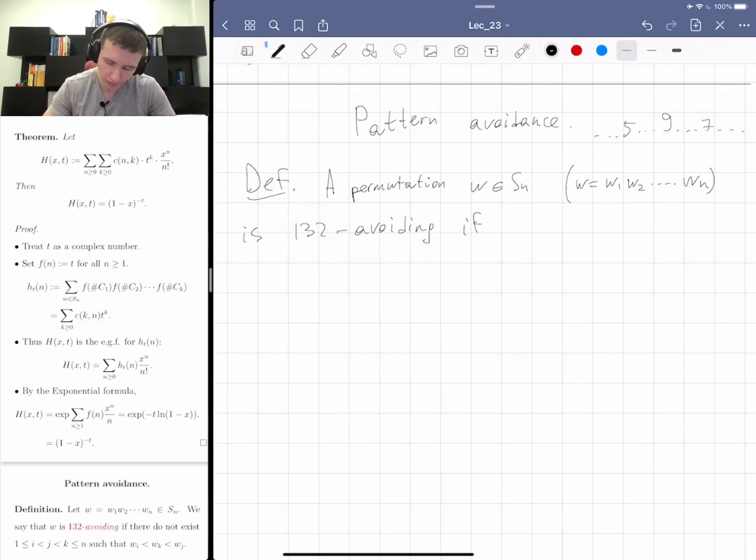So formally, if there is no triple 1 less than or equal to i less than j less than k, these are the positions where the violation occurs, such that Wi is the smallest one, Wk is the second smallest one, and Wj is the biggest one out of these three.